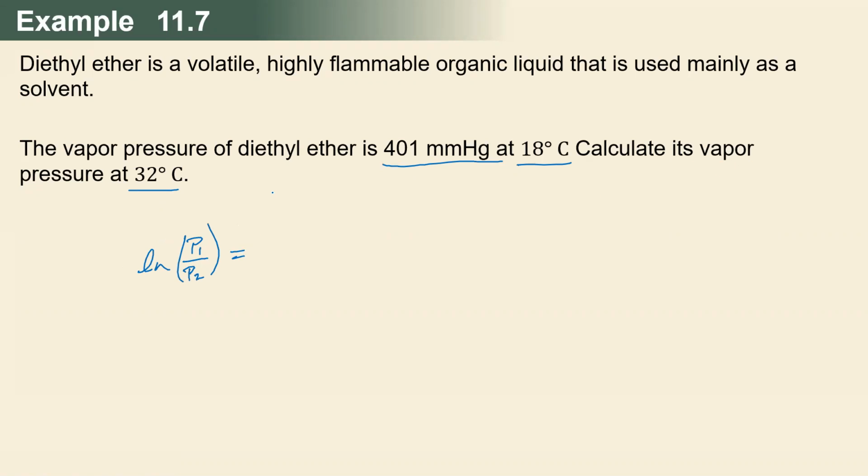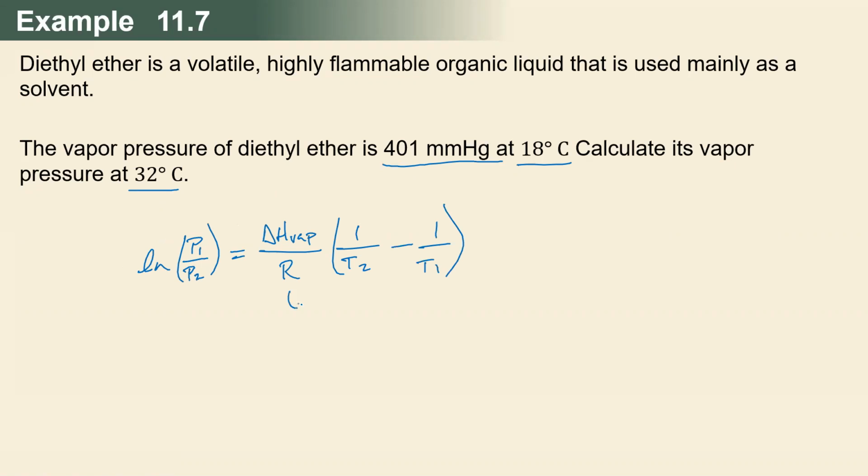That's equal to delta H of vaporization over R times 1 over T2 minus 1 over T1. And that's just from the previous slide, copying that over.